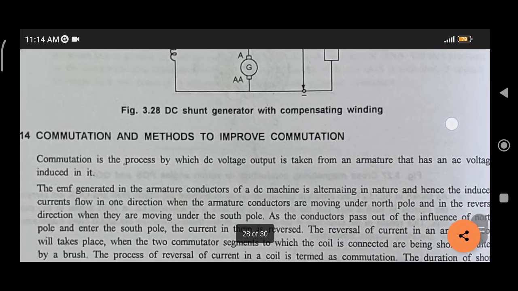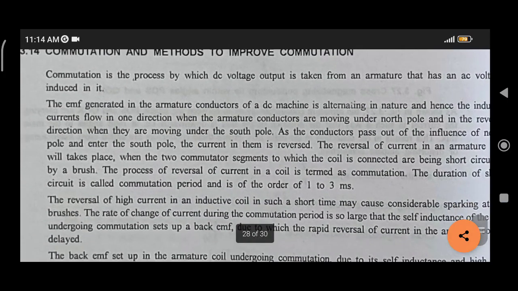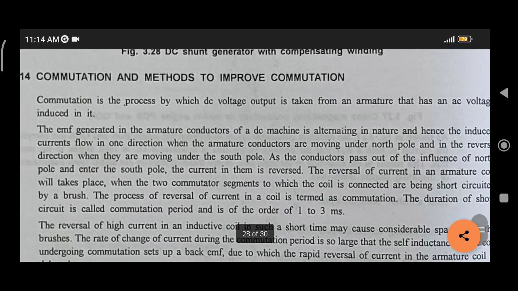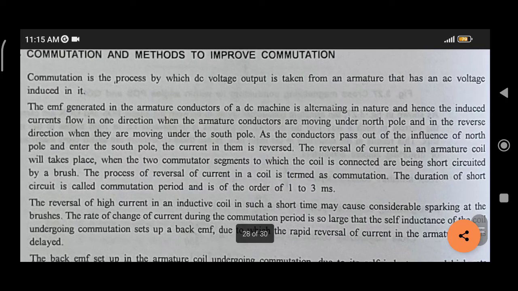Now commutation and methods to improve commutation. Commutation is the process by which DC output voltage is taken from an armature that has an AC voltage induced in it.